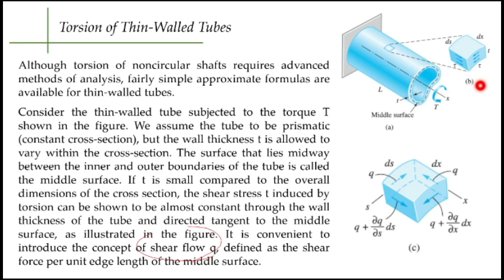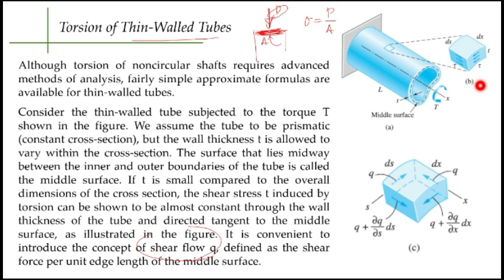Under the assumption that, let's say this is our force, this is our cross-sectional area, and the load being applied is applied over this entire area, we can simply represent it as a single force at the middle, right? The same is true also for this assumption under thin-walled tubes.